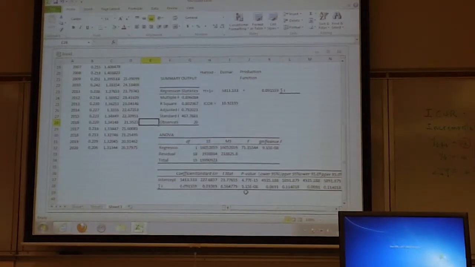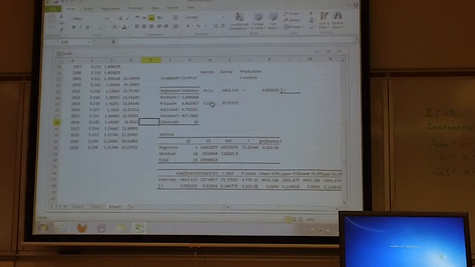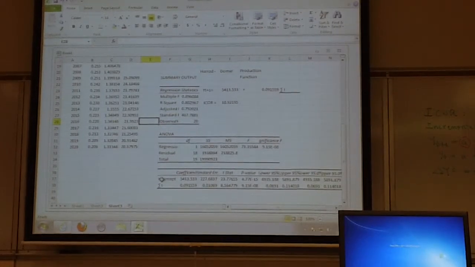Here's the Harrod-Domar function. Yt+1 is equal to 5413.523 plus 0.091999 times the sum of I. This number comes from here, the intercept, and this number comes from here, the slope coefficient.